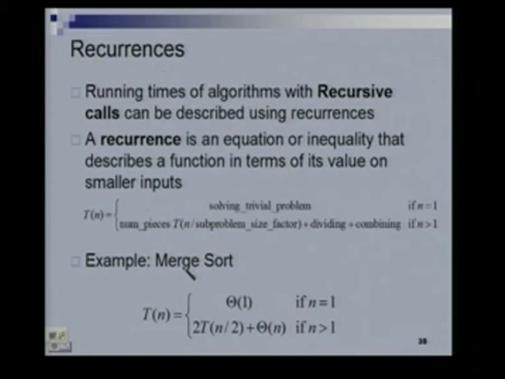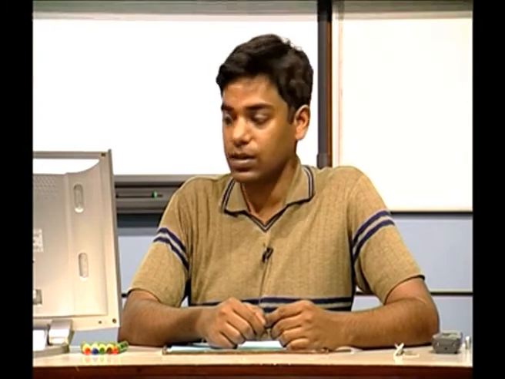We are going to analyze it once again using recurrence relations. We had used recurrence relations before, and I am going to say it once again so that it is refreshed in your mind. Typically, for all procedures which are recursive in nature, you can analyze their running time using recurrence relations.